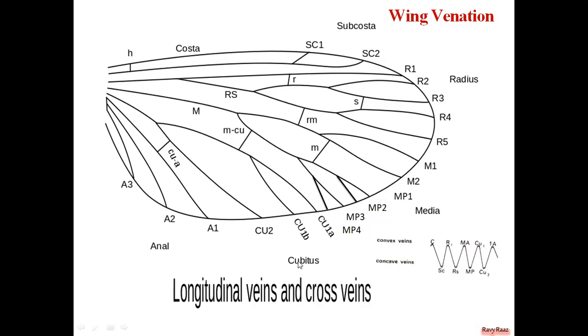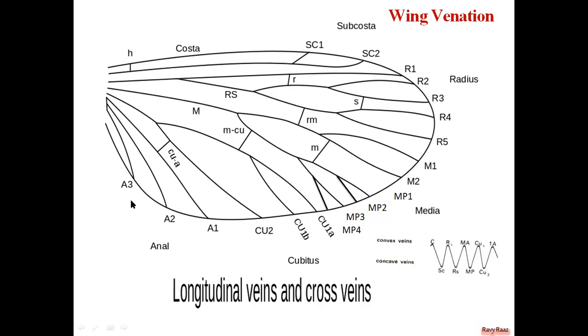Only cubitus 1 is divided into two regions, CU1A and CU1B. CU2 is unbranched. Last is anal. Anal vein is unbranched, but there is a structure divided into three regions, A1, A2 and A3.